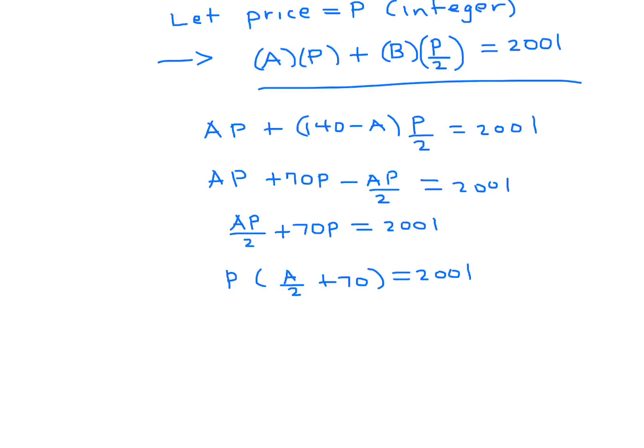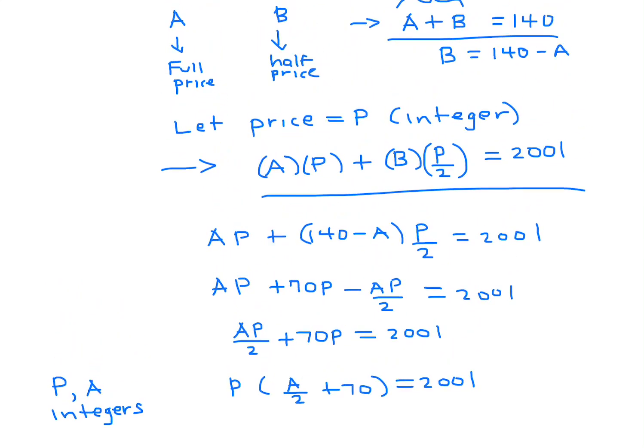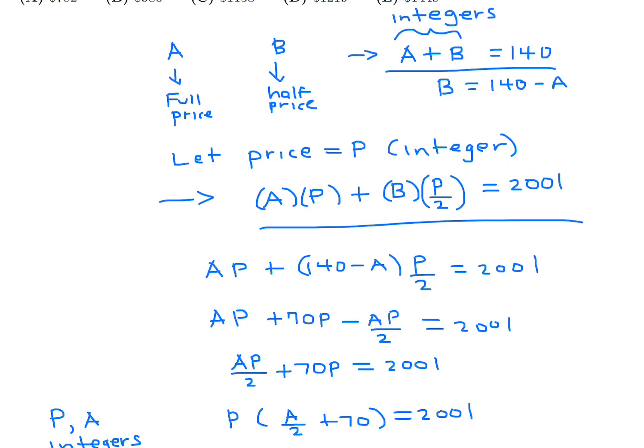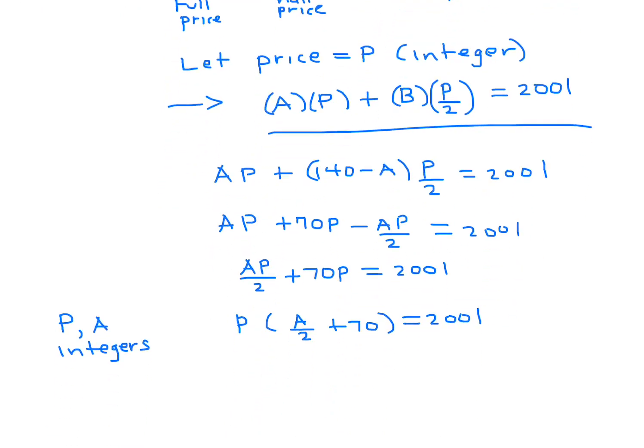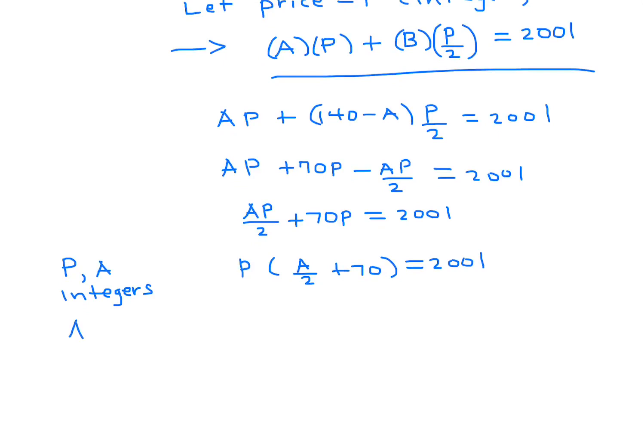All right, so at this point we have to use inspection. What do we know? We know P and A are both integers. And A also has a range. Price we have no idea, but A is a range, right? A plus B is 140, so A has to be between 0 and 140. It can't be more than 140 because the total number of tickets is 140.